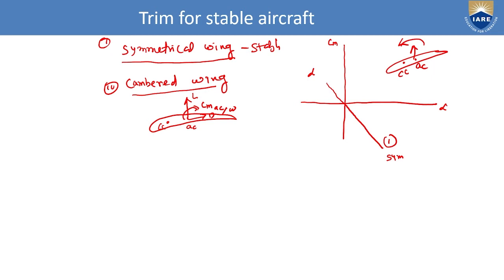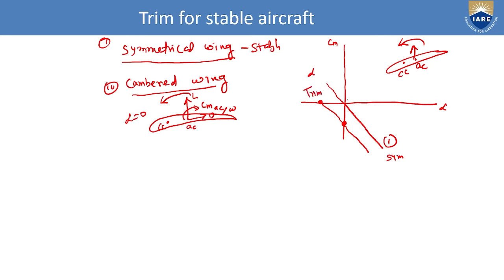Okay, it is shown here positive, but it is always negative. At alpha is equal to 0 also, there will be some value of Cm here. So this is the point where at alpha is equal to 0, some negative Cm is persisting. But if we take like this, it will intercept somewhere here. This is the trim point.